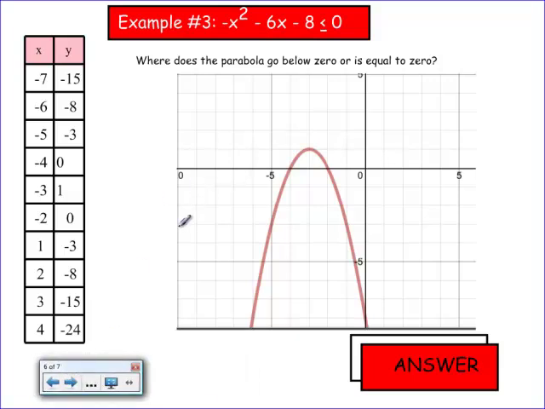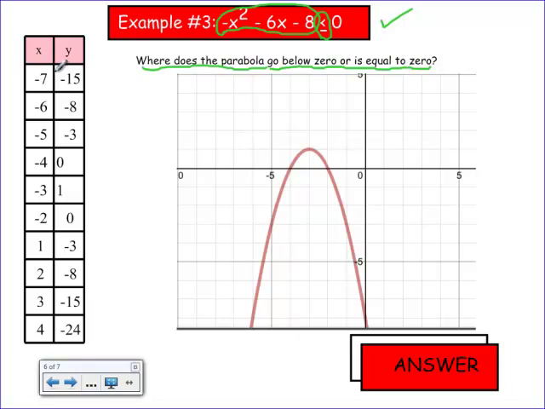All right, how about this one? All right, there's my graph. Here's my picture. Once again, this all stands for parabola. And again, we want to go below 0 or equal to 0.